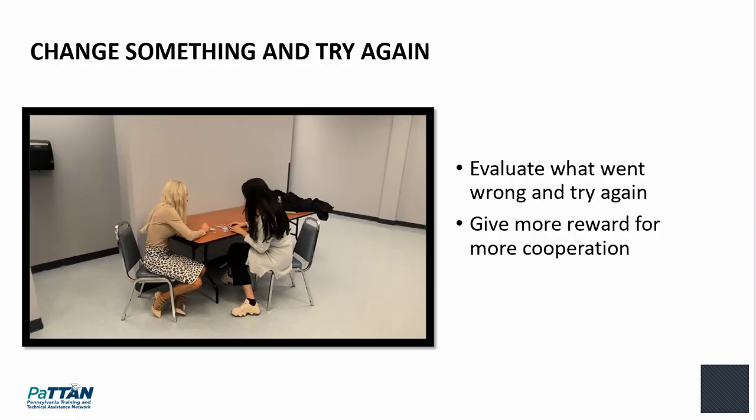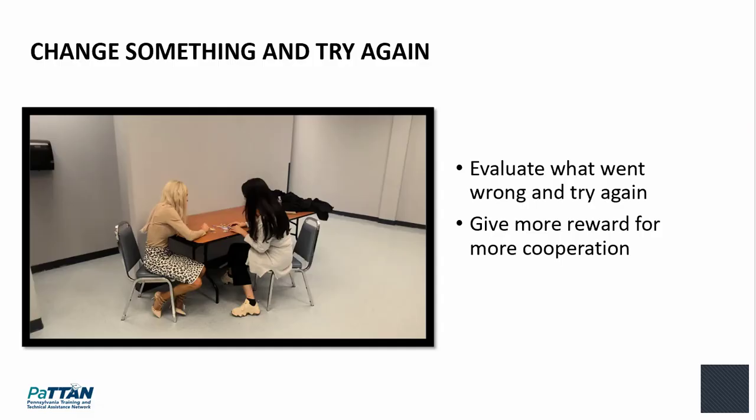So anytime that your learner doesn't respond cooperatively, you want to try to evaluate what went wrong, but don't get stuck in the mistake. Instead, just learn from the mistake. Was I expecting my child to do something too difficult without any support? Was my direction clear?